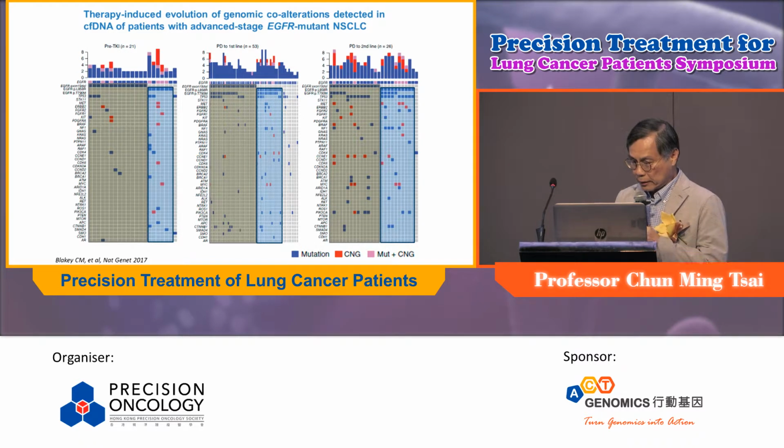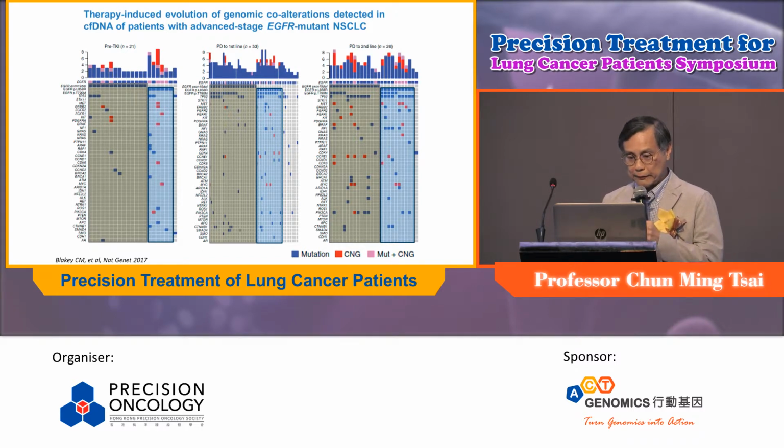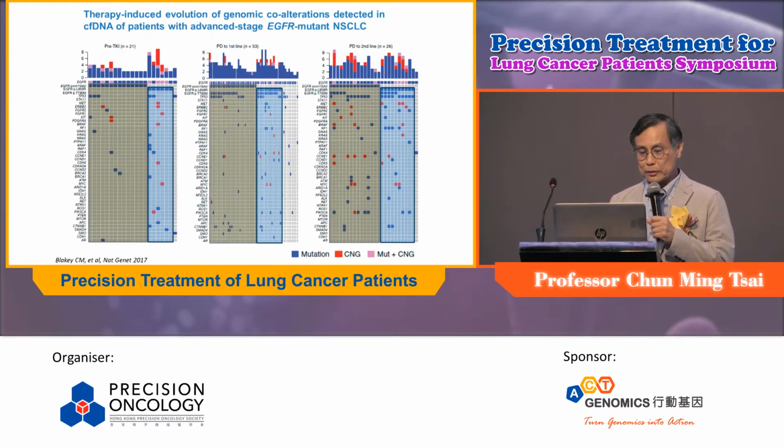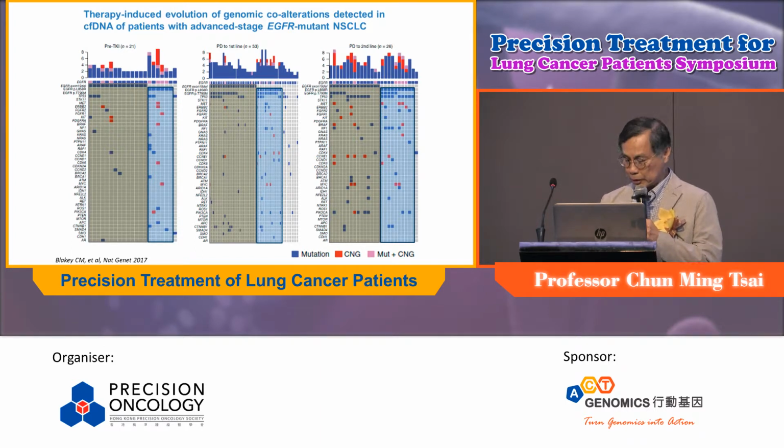This is probably the reason why L858R mutations have relatively shorter progression-free survival when treated with EGFR TKI as compared to the exon 19 deletion EGFR mutations.